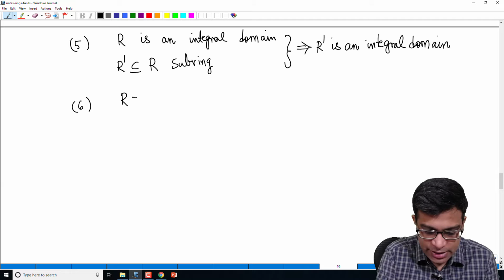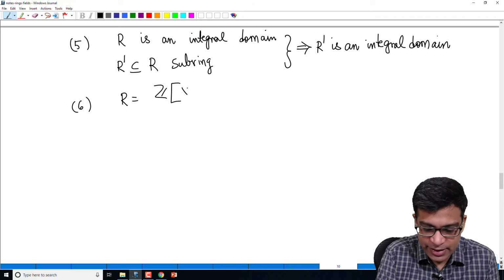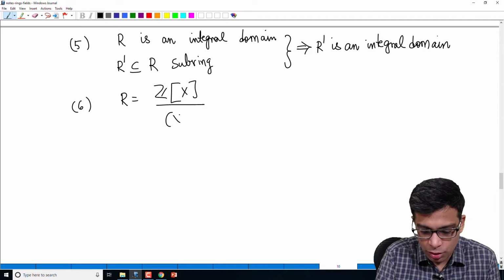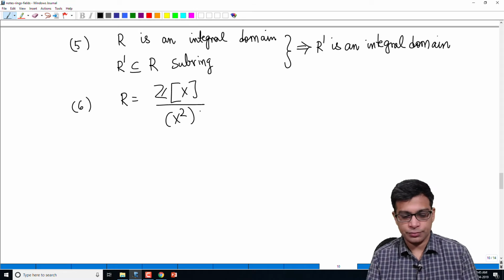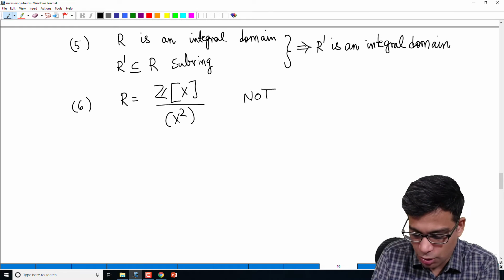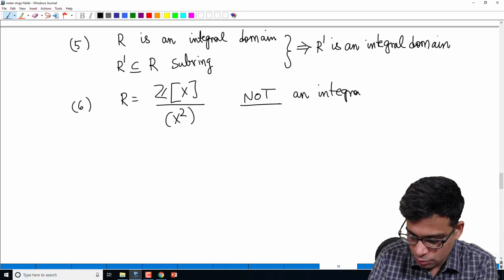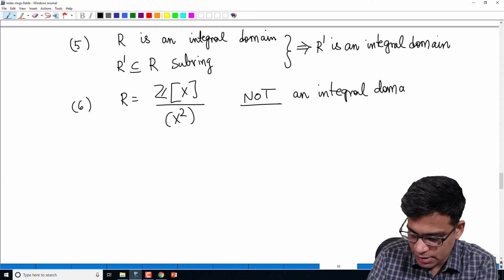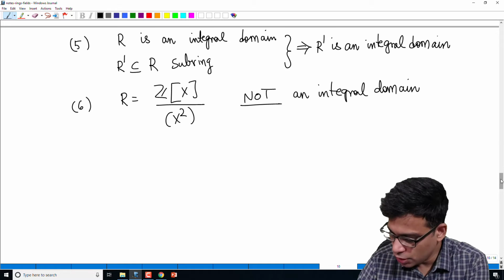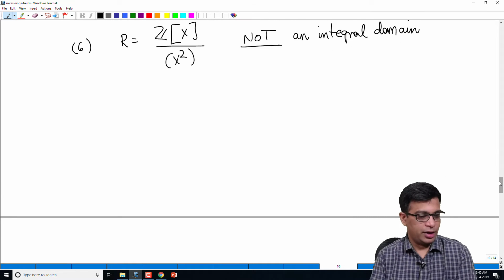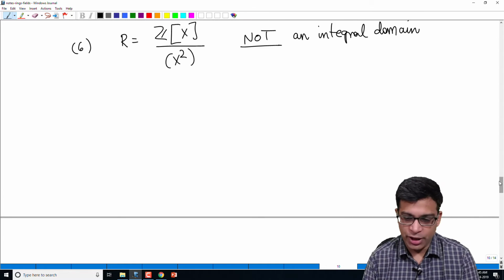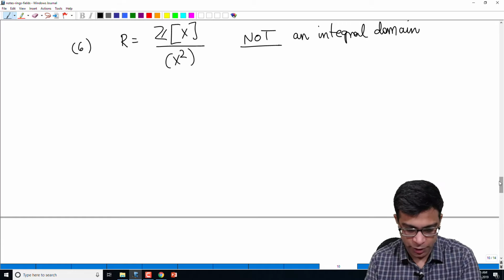So consider in this case R to be Z[x] modulo the ideal (x squared). I claim that this is not an integral domain. Why is this? Let's check. So I claim that the quotient ring Z[x] by (x squared) is not an integral domain.